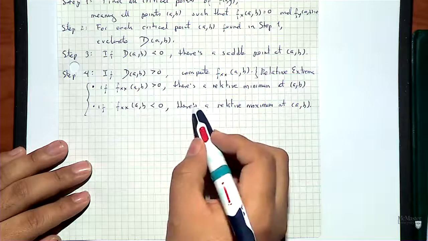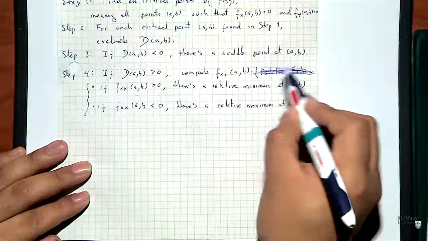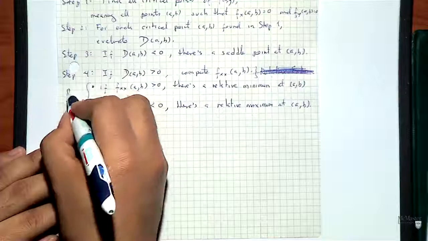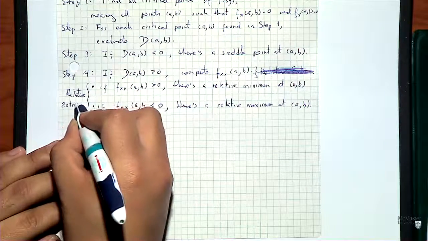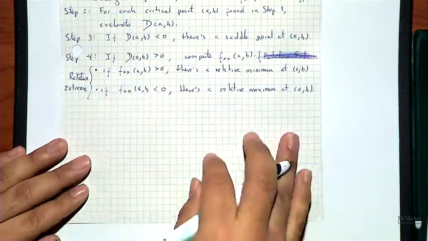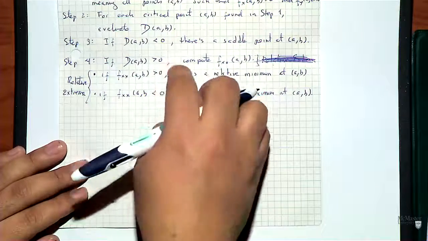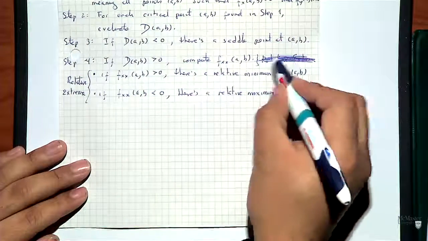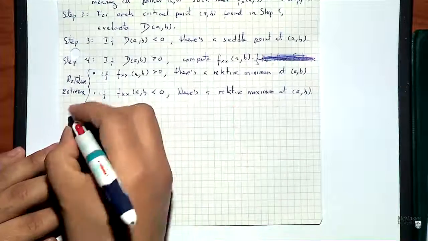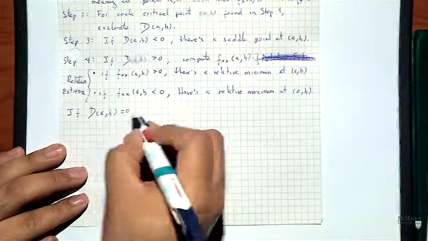Actually, the convention would be here, sorry. So either a maximum or minimum when this condition happens. So you need the sign to be positive for D, and then either positive or negative for this. Now, what happens if D evaluated at (a, b) is equal to 0?